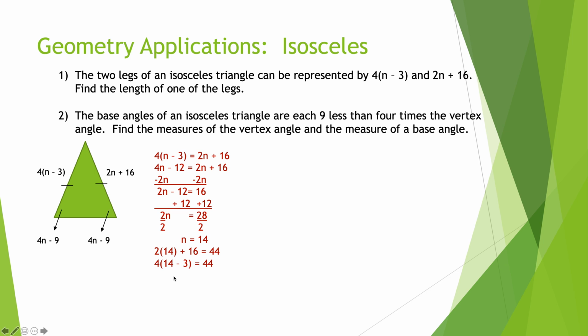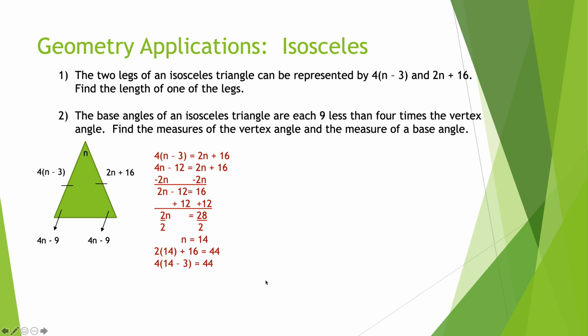Now, remember, the second part of this particular equation shows that the two base angles are 4n minus 9, and we already knew that the top angle, we call that top angle the vertex angle, the one way up at the top. And it could also be on the bottom if I flip the triangle upside down. The vertex angle is the angle that's not one of the equal base angles, okay?